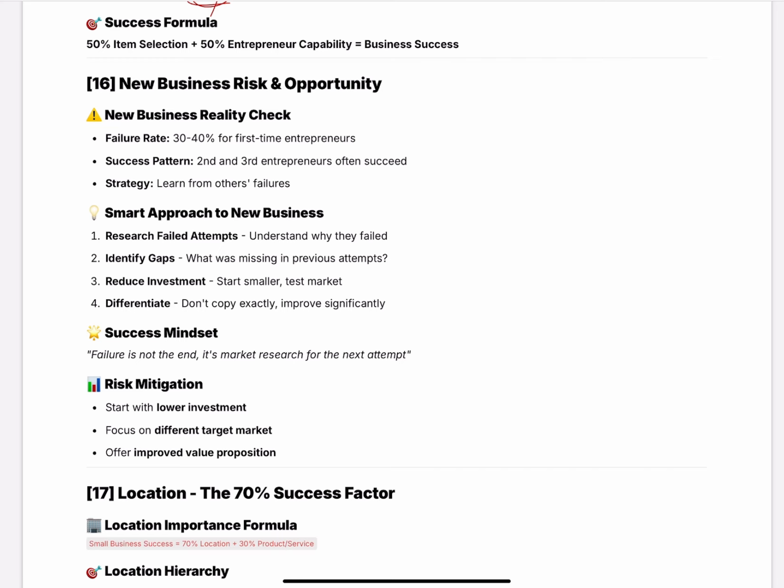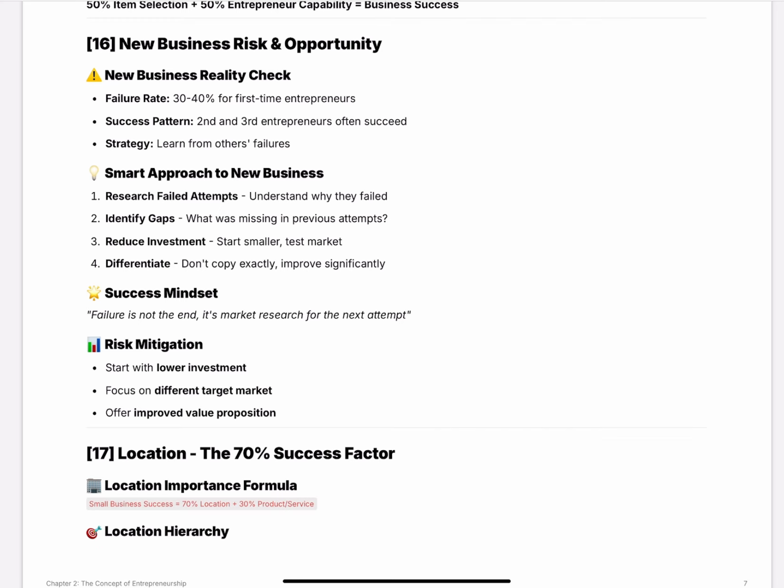Okay, so we are looking at slide 16 again. So there is something wrong. I don't know what the problem is.